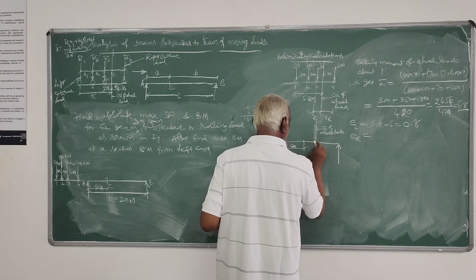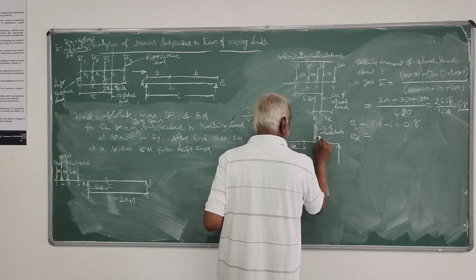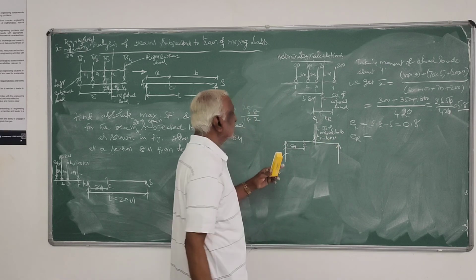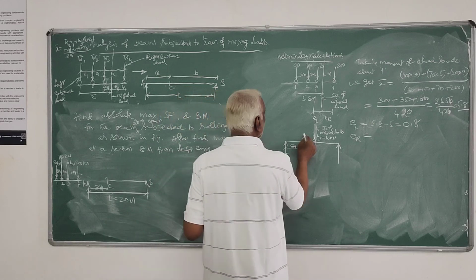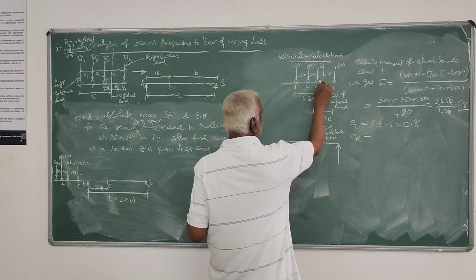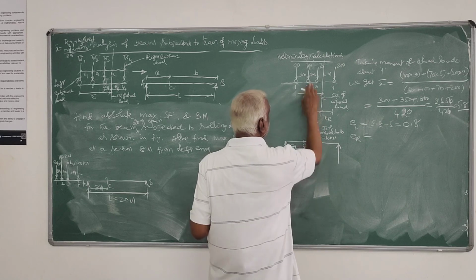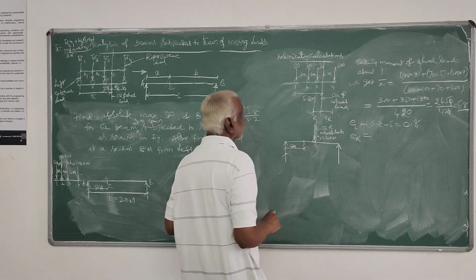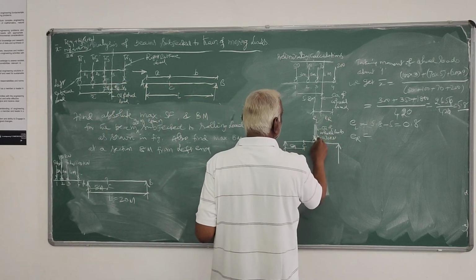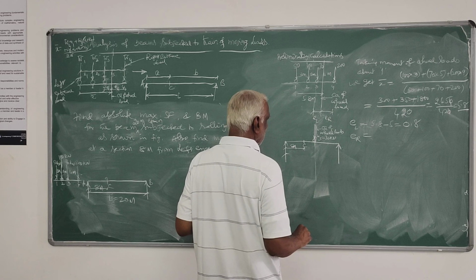So this wheel load W3, which is 70 kilonewtons, is at a distance equal to 0.8 meters. Therefore 0.8 plus 5 is 5.8. And that's 9 minus 5.8.